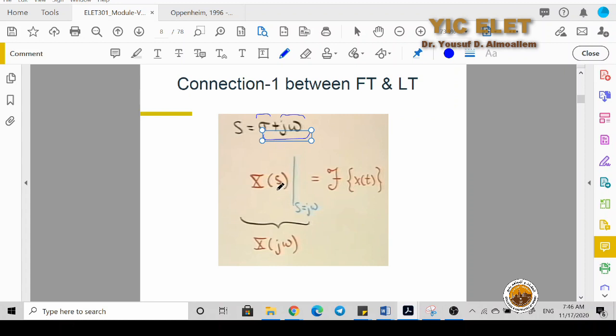And if we want to go back to the Fourier transform, we just simply let this sigma equal to 0, and we will get back to our Fourier transform. So S will be equal j omega, as you can see here. And once S is equal j omega, we will go back from Laplace transform to the Fourier transform, and this is equal to this.